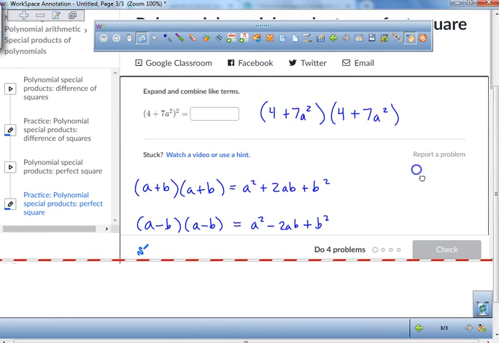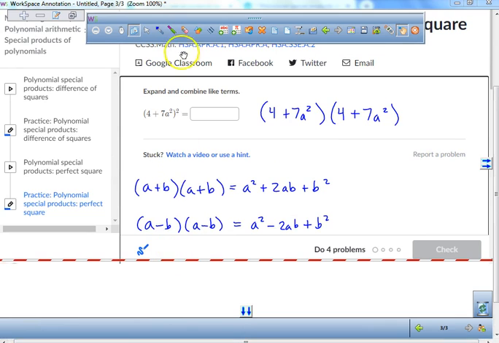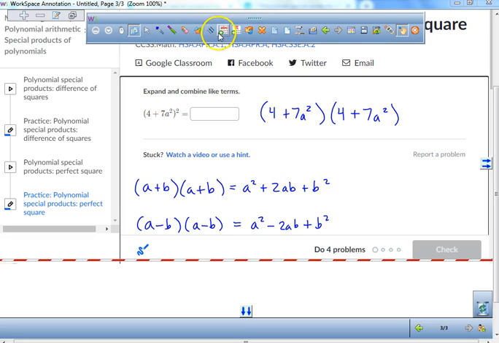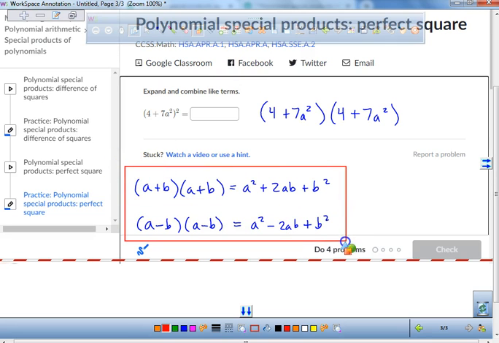I want to make sure you have those in your journal. So a plus b times a plus b will always follow this pattern, a squared plus twice whatever ab is plus b squared. And a minus b times a minus b will always equal a squared minus 2 times a times b plus b squared. So these are patterns that you'll see all the time.